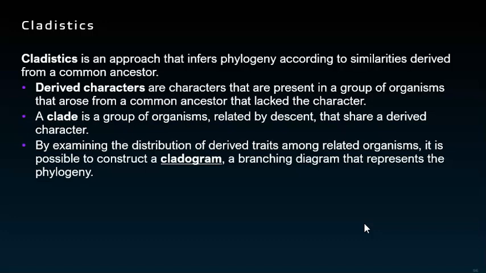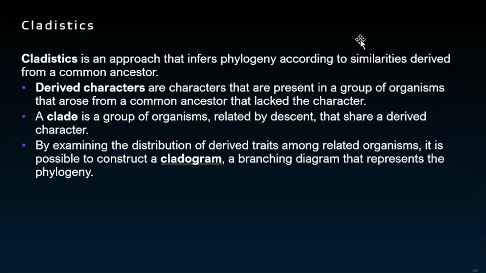Cladistics is an approach that infers phylogeny according to similarities derived from a common ancestor. So we are assuming the phylogeny based on similarities that we're observing from a common ancestor. Derived characters are characters that are present in a group of organisms that arose from a common ancestor that lacked the character.